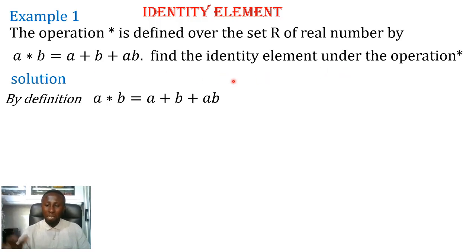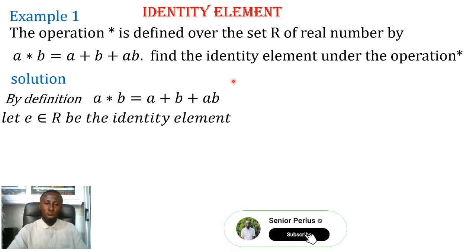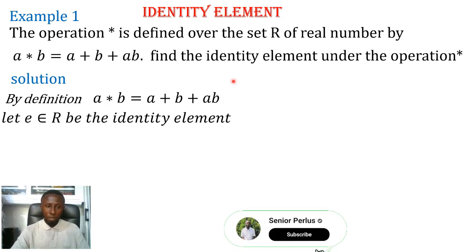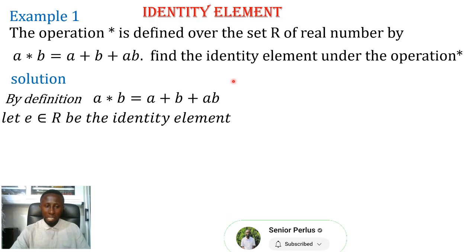We said the identity element is commutative, and we represent our identity element as E. So let E belonging to R be the identity element.